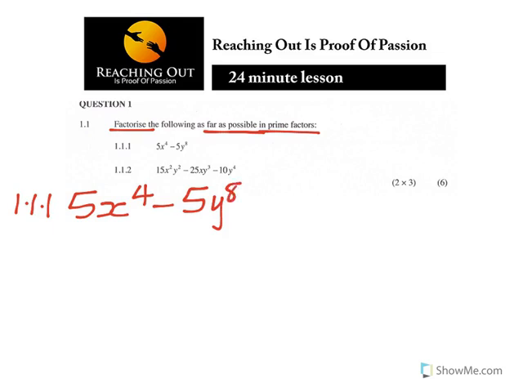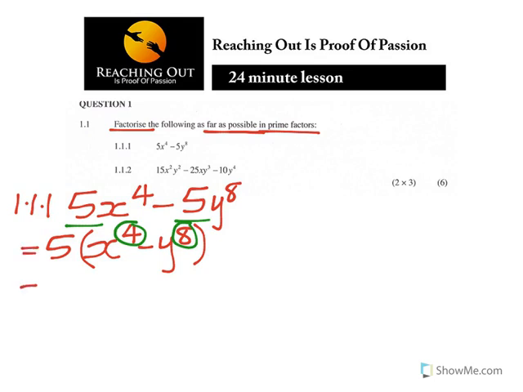The first thing that is easily noticeable is that 5 is common in both expressions. So you are going to have 5 outside the bracket, and what is inside is x to the power 4 minus y to the power of 8. Now the next thing that you will have to remember when you're talking about the exponents is the 4 and the 8, as well as the negative sign, and you'll pick that it is a difference of 2 squares.